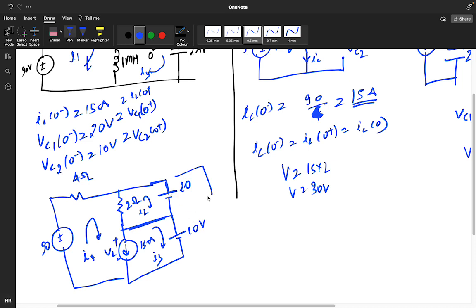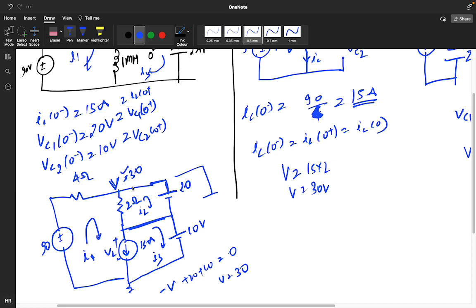If you assume this as a V parameter, taking reference, minus V plus 20 plus 10 is equal to 0. So the V value is 30.